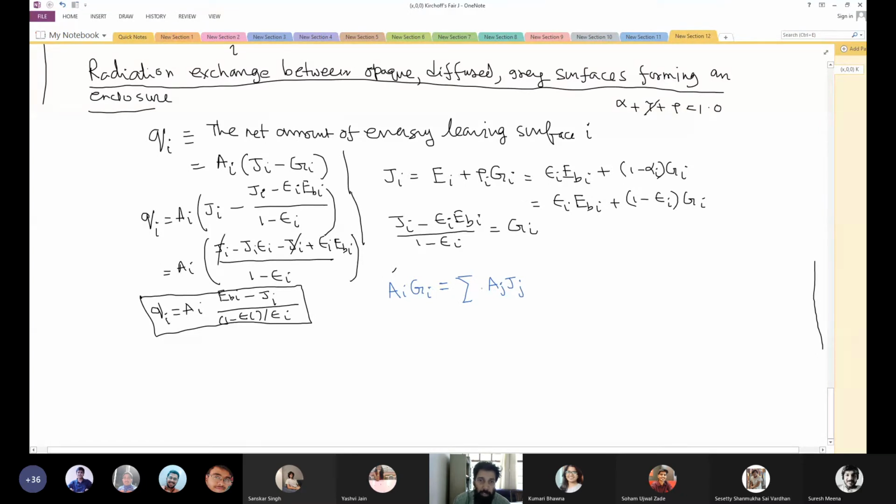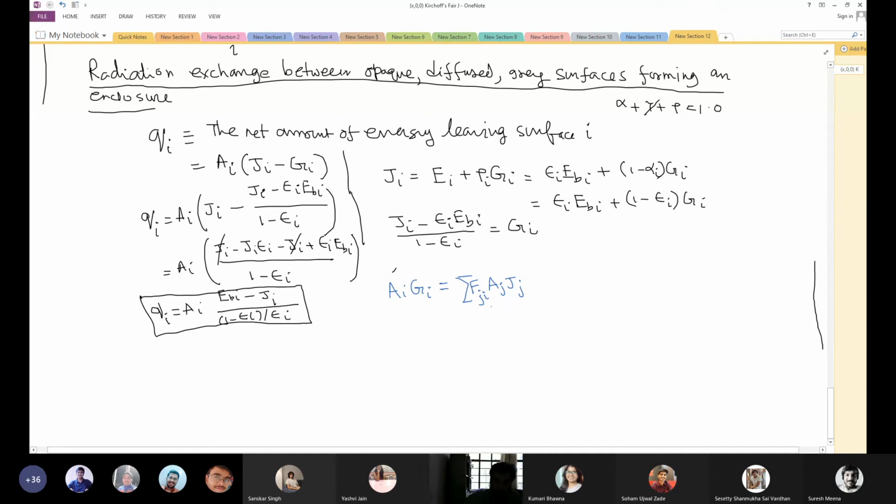That means the energy released by the jth surface times the fraction of that which is received by the ith surface, equals Gi.